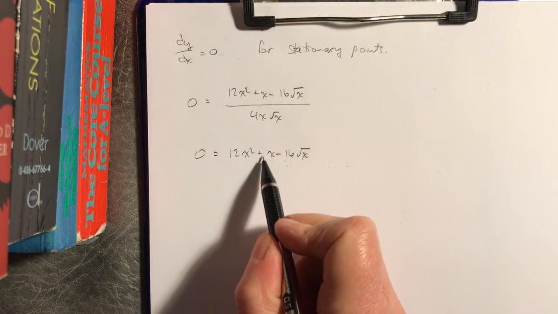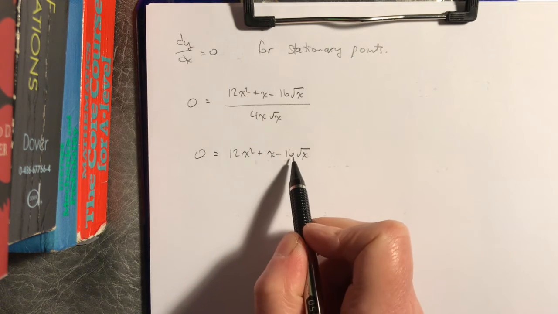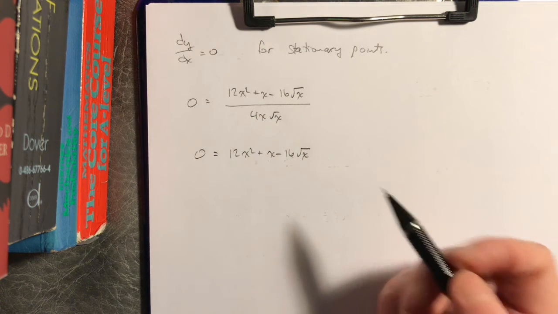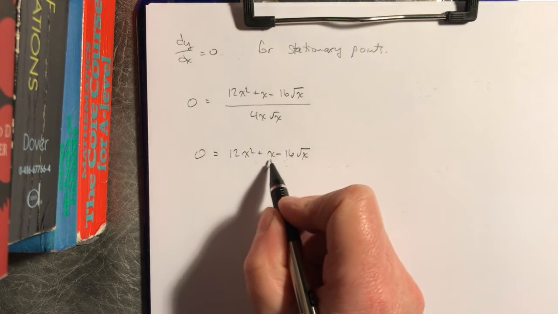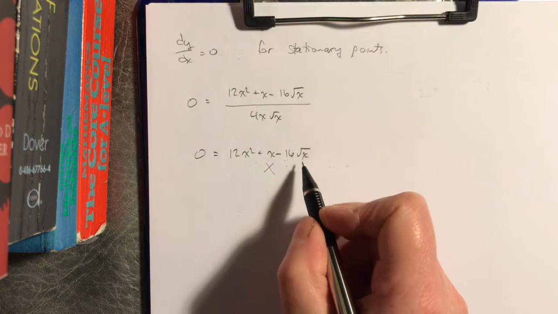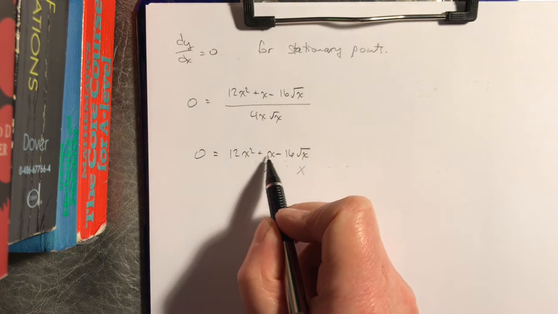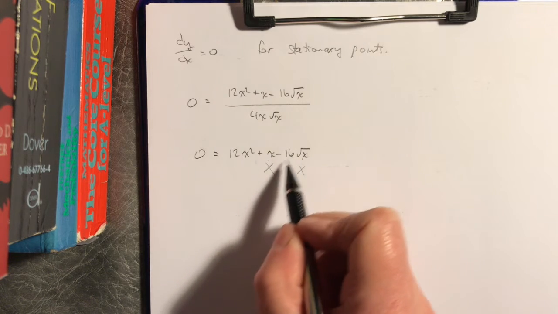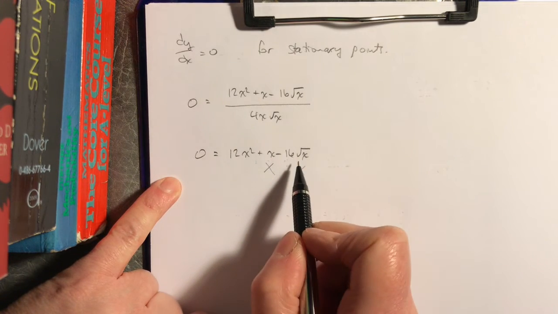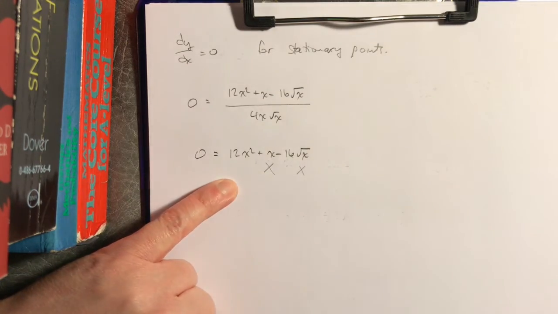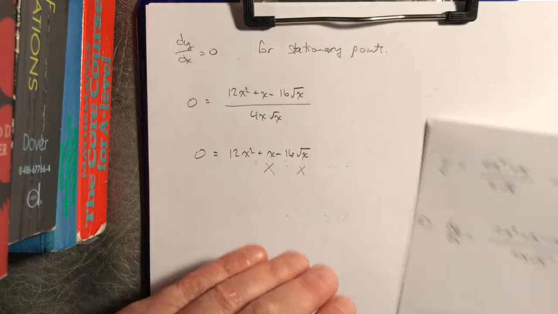If I solve for this x, add 16 root x, subtract 12x squared, that's not going to be in the format that they want, so we're not going to be fishing for that x. And we're not going to be fishing for that x either, because if I add this term over, and then divide by 16, and then square everything, well, I should write this phrase down, shouldn't I?